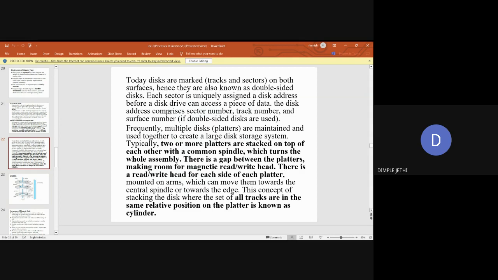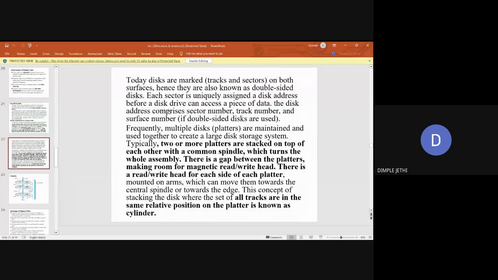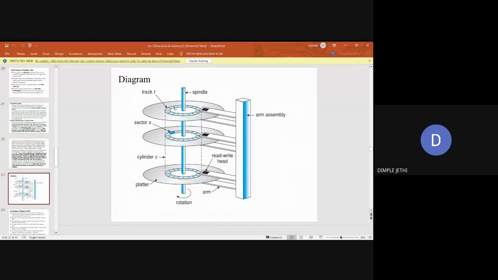Concentric circles. They are called your tracks. So as I am showing you, this platter is divided into circular partitions, which are called your tracks, and each track is divided into pie shaped partitions. These are called your sectors.